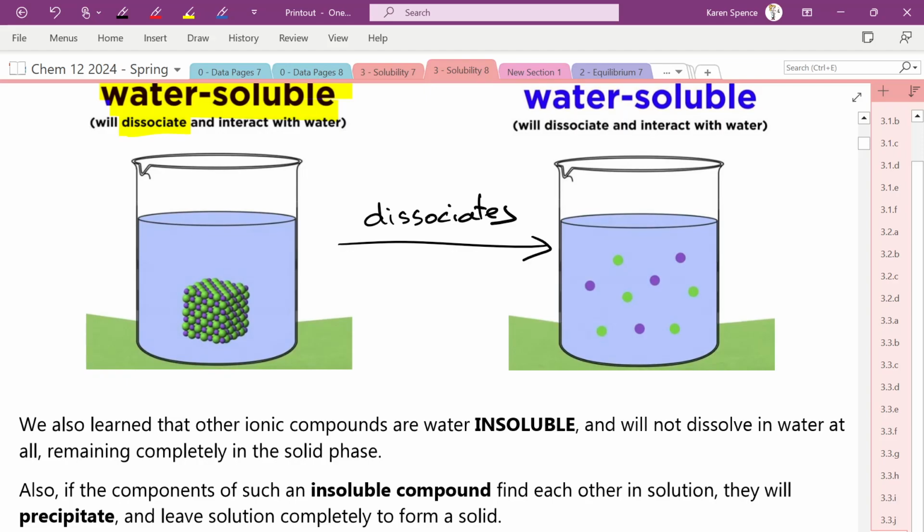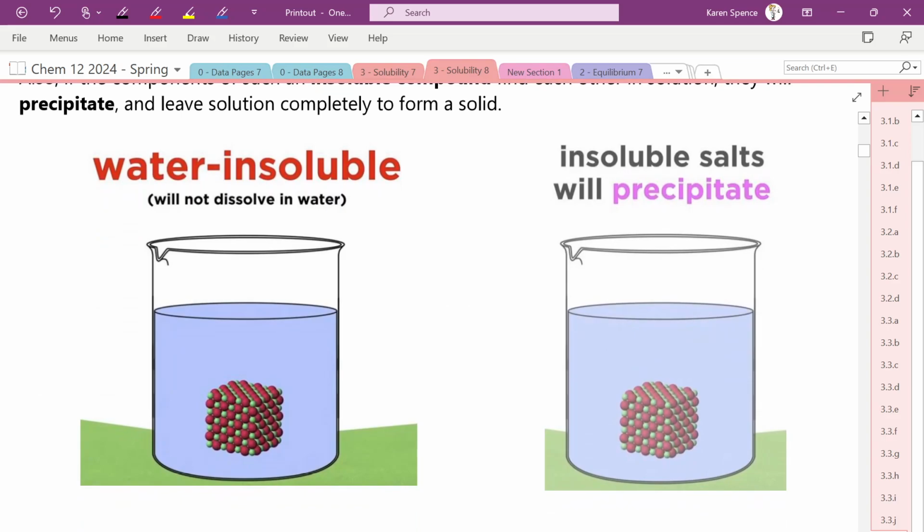Other ionic compounds have been known to be insoluble and they will not dissolve in water and they remain in the solid phase. So if we have things that are water insoluble, it just sits there. You dump it in, nothing happens.